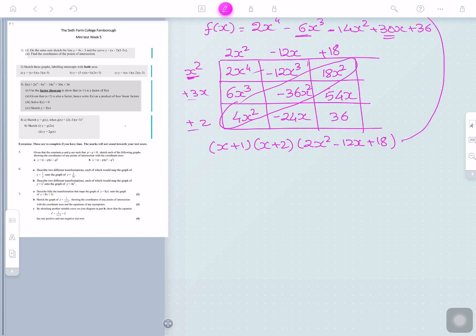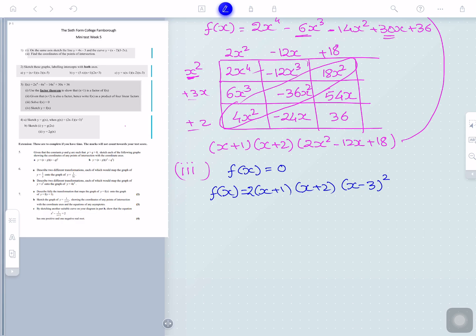So for part 3, let's take the blue color. For part 3 we need to solve f of x equals 0. So we have f of x equals 2 times x plus 1, x plus 2, and x minus 3 squared.